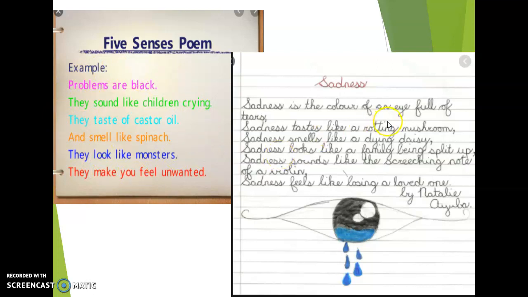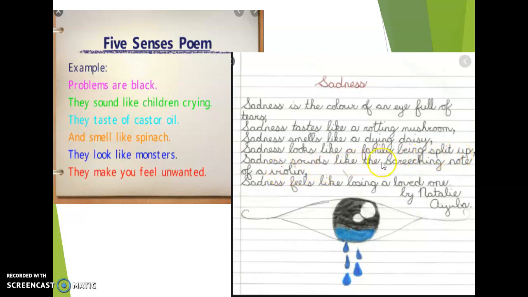This one I really enjoyed as well. This one's called Sadness. Sadness is the color of an eye full of tears. Sadness tastes like a rotting mushroom. Sadness smells like a dying daisy. Sadness looks like a family being split up.